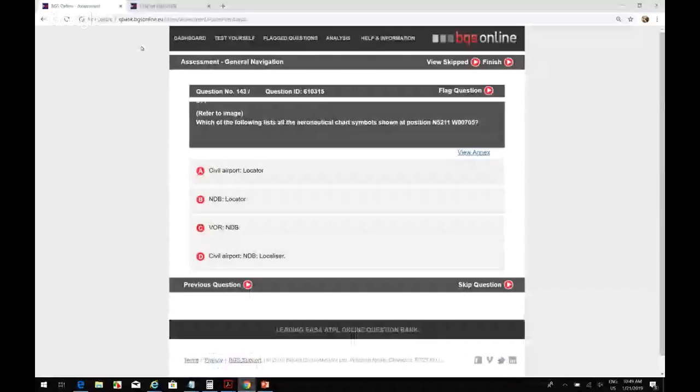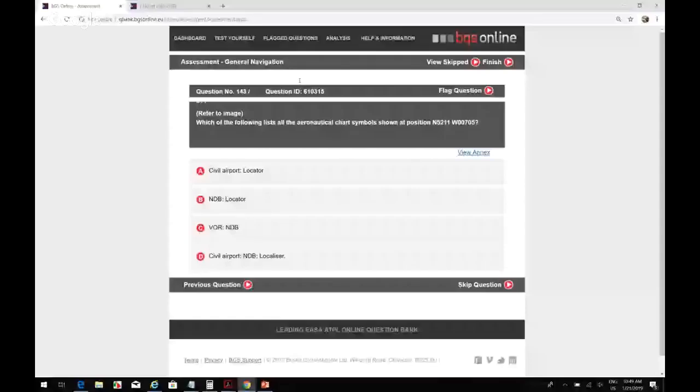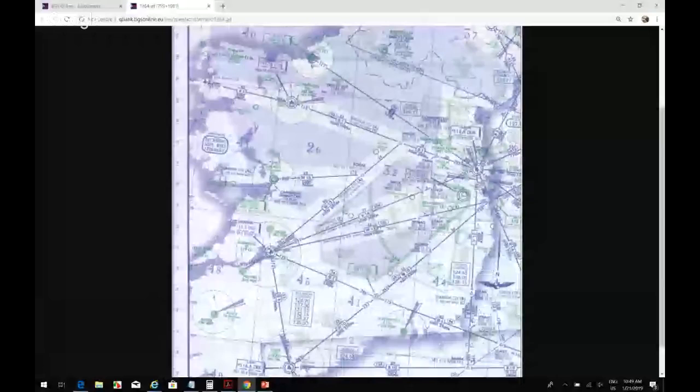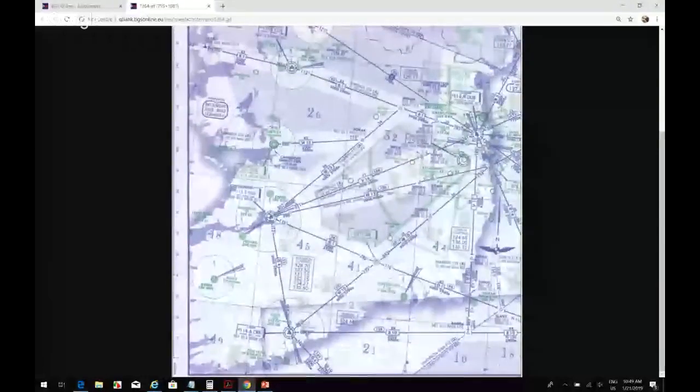Which symbol is shown at position 5211 west 705? Okay, let's see. So 5211 west 705.